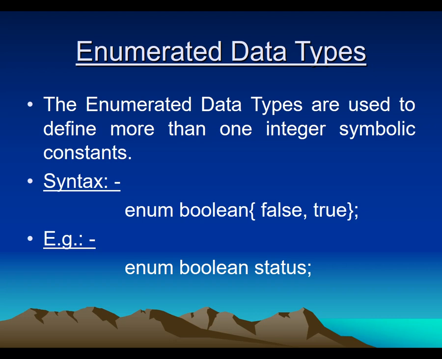Whenever we declare any condition, that condition might be true or it might be false. In both of these true and false conditions, the nature of the variable changes. Say for example, if the condition is true, then A is the output, and if the condition is false, B is the output. So deciding multiple outputs for a single variable depending on the condition can be done using enumerated data types.